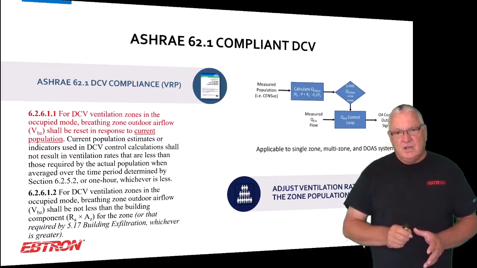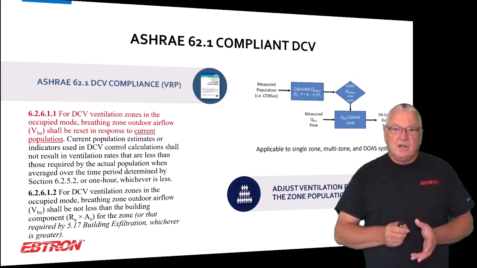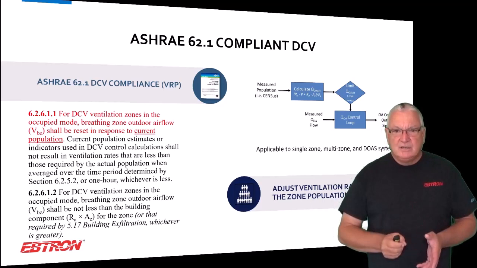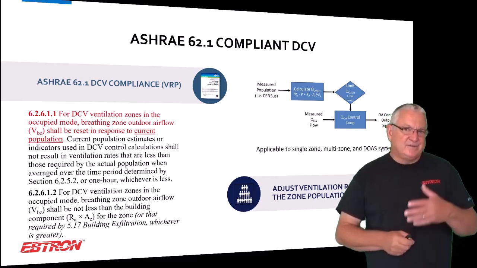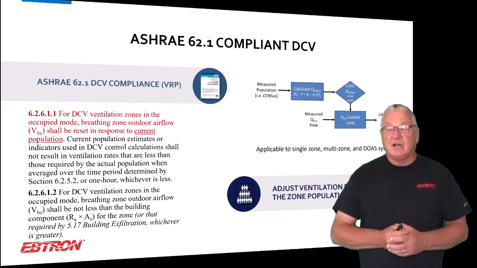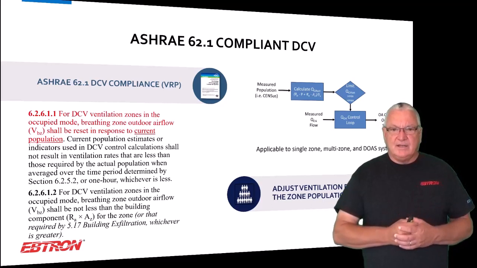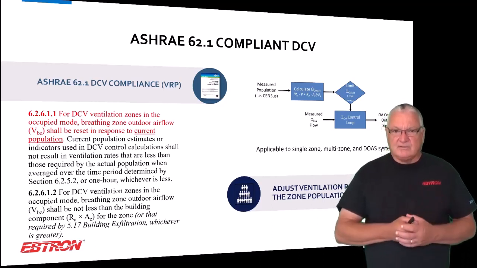And so when you look at the right-hand side here, it's very simple logic. I measure the population, I say our census, but there are different ways you can measure the population. I'm not going to go into them today. You calculate basically what the outdoor air requirement is.